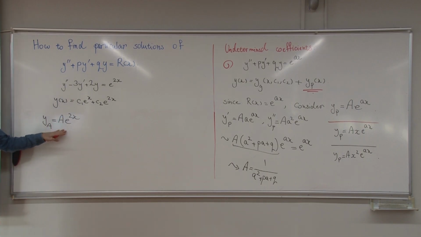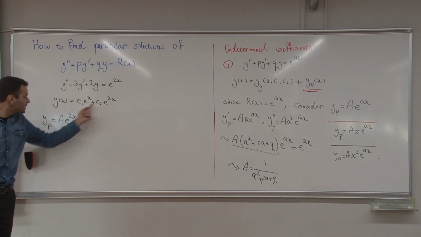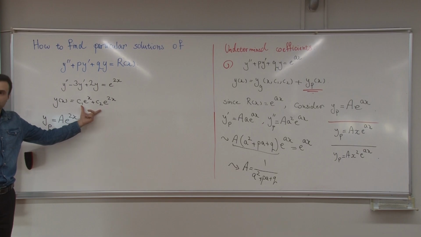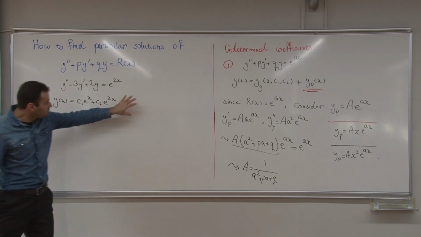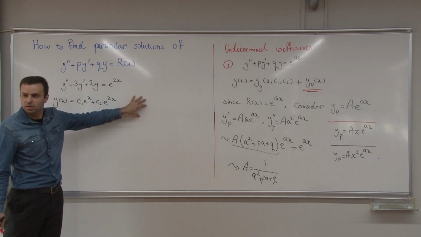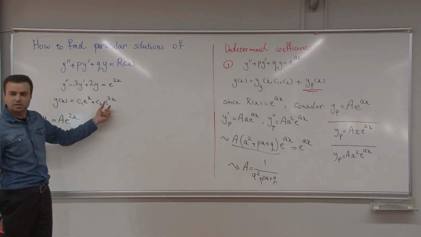Shall I select my particular solution in this form? You see, this is already included in this answer, right? Because if you take C1 equal to 0 and C2 equal to A, I have this. So this is not going to give me any additional particular solution here, because this is included in this.